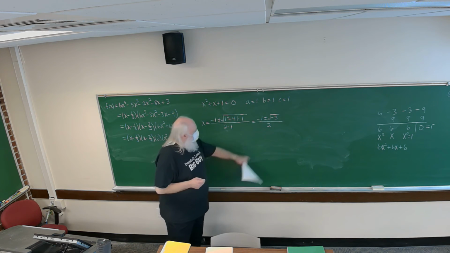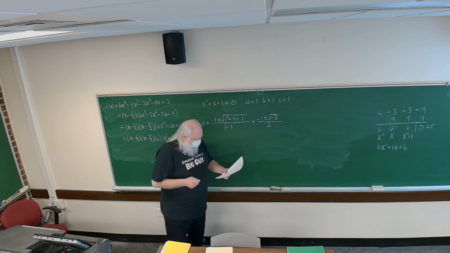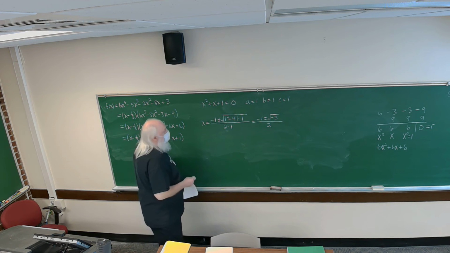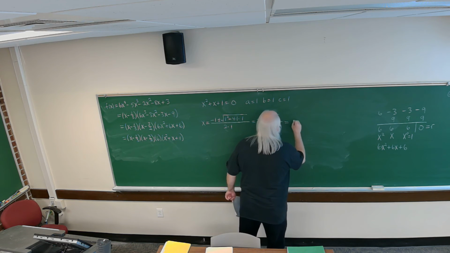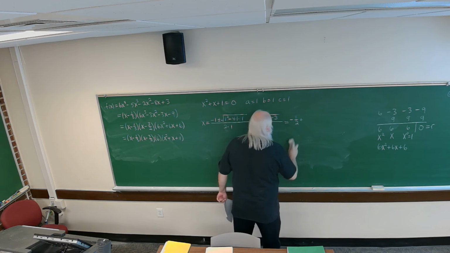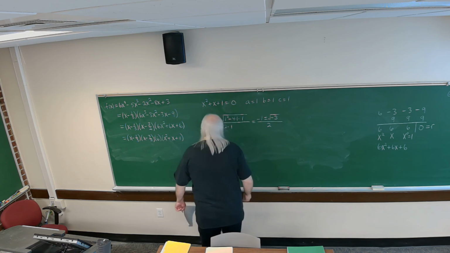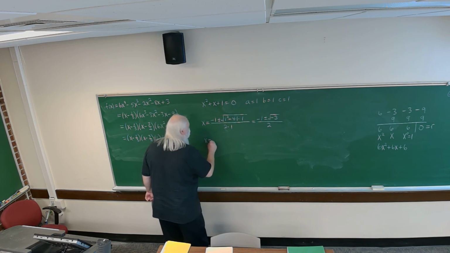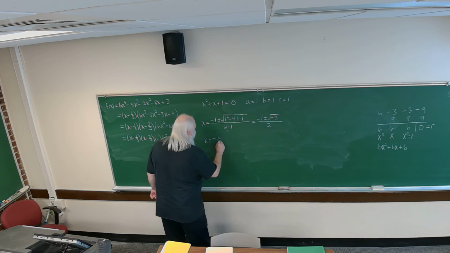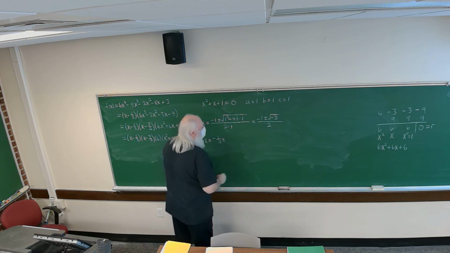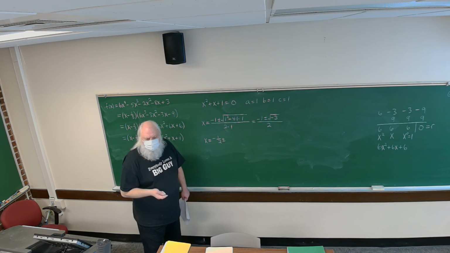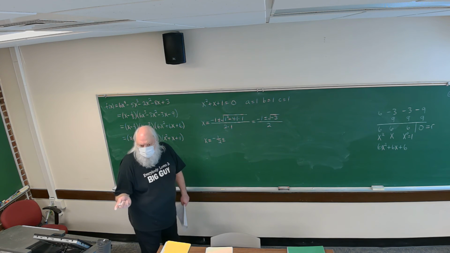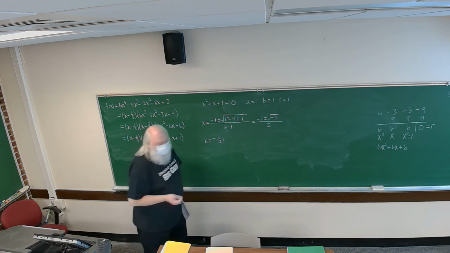Well, remember, division does not undo addition and subtraction, does it? So x is equal to minus 1/2 plus or minus the square root of -3 over 2. But square root of -3 is written as what? i times the square root of 3, right?